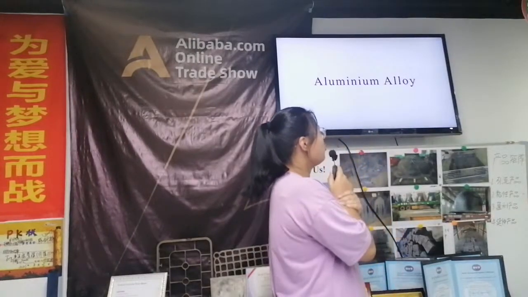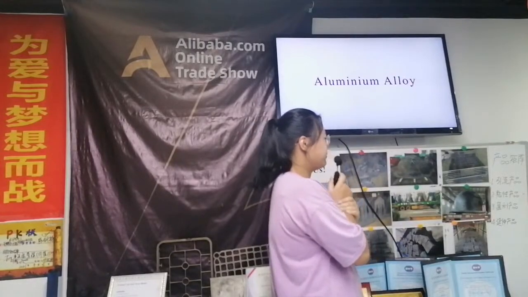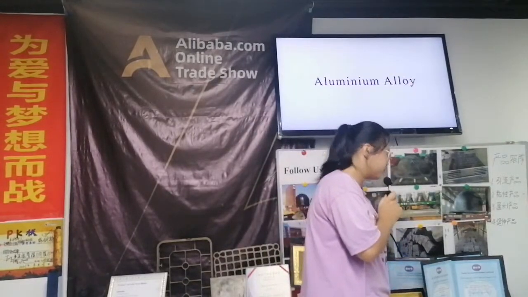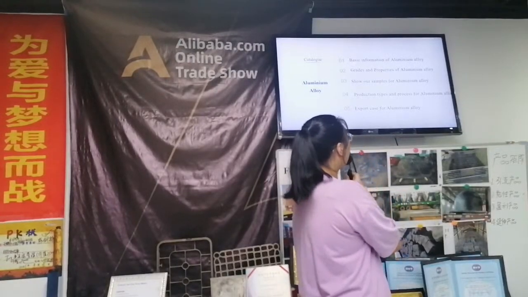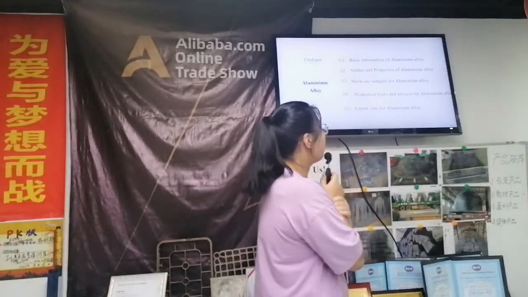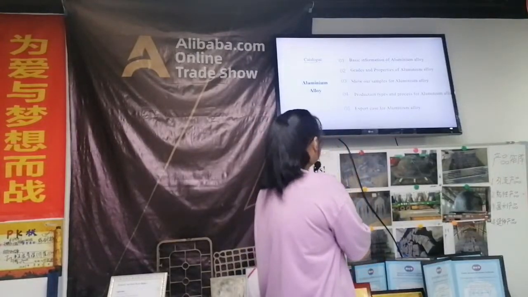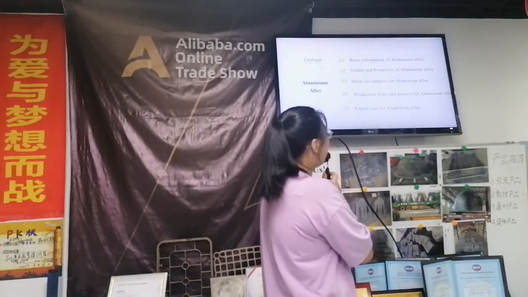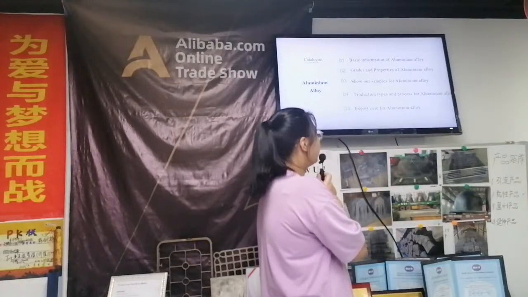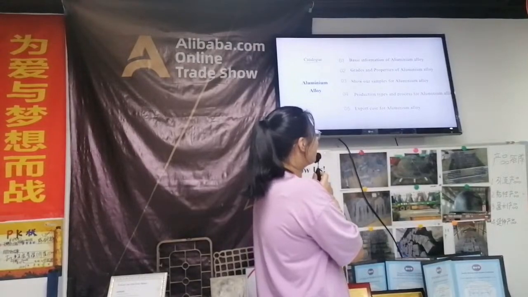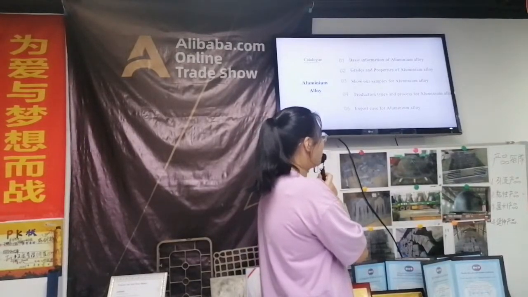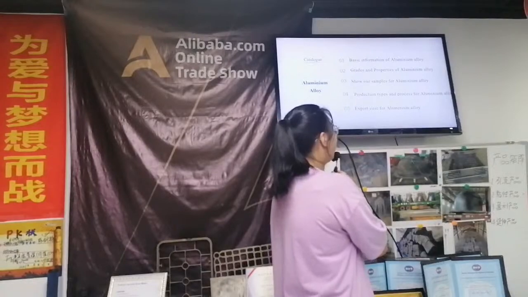Next, part 2, aluminum alloy. Catalog for aluminum alloy. The first one, basic information for aluminum alloy. The second one is grades and properties for aluminum alloy.